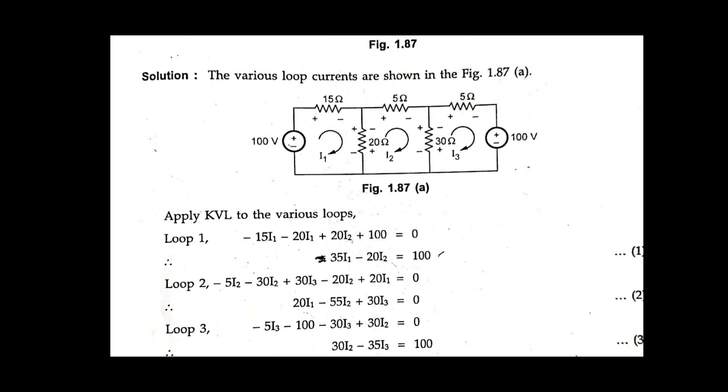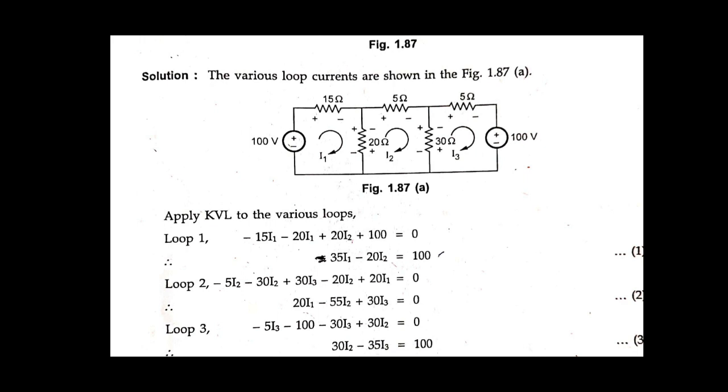See here, minus. Why the minus? Because the voltage drop is from positive to negative, so the sign becomes negative: minus 15 I1. Next, the 20 ohm resistance. We have put a minus sign because the voltage drop is from positive to negative, so minus 20 I1.